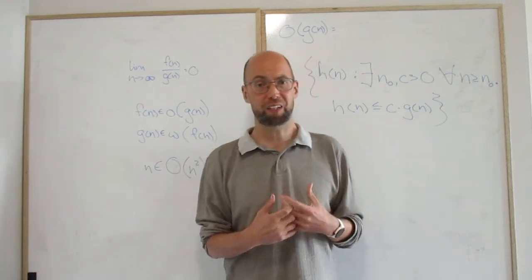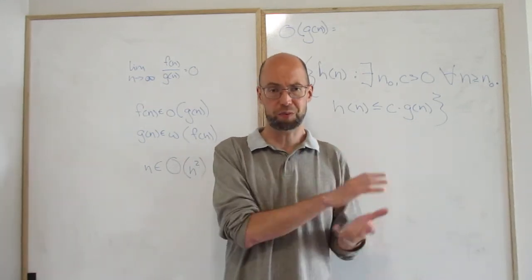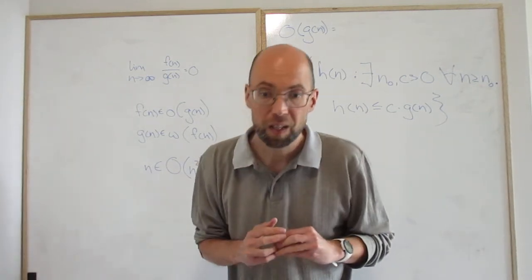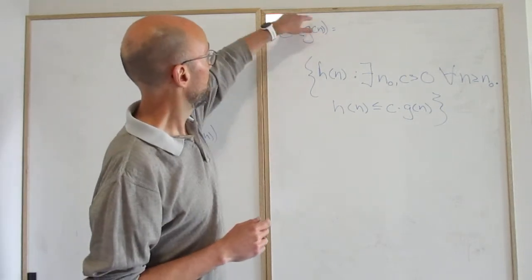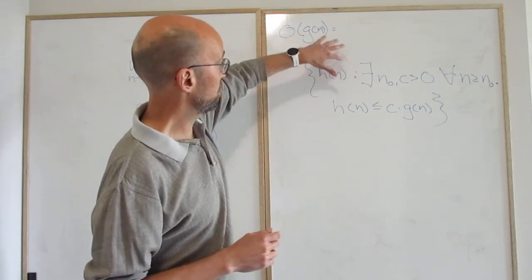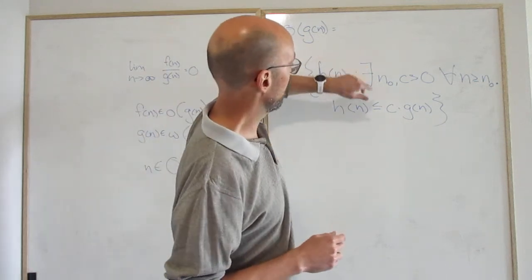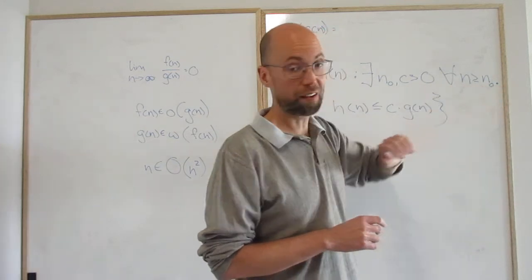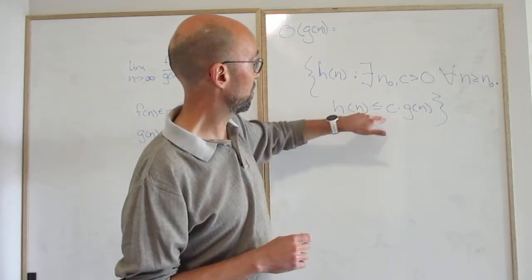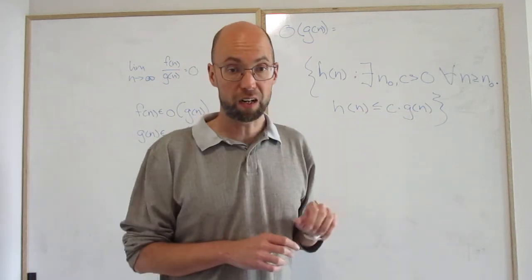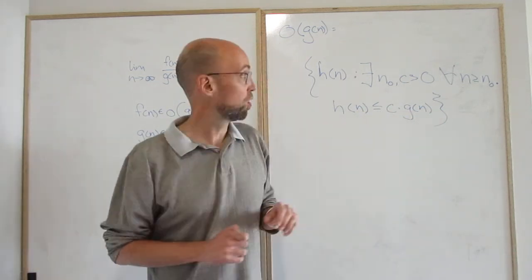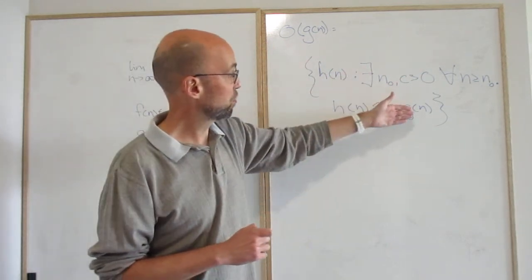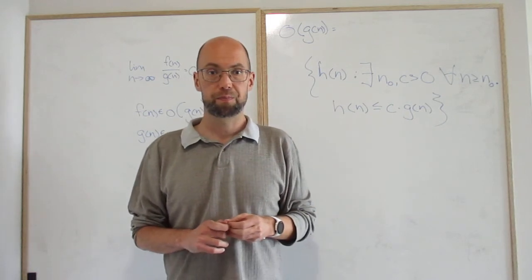So ignoring constant factors that change based on your computer, and ignoring small instances, we're saying that O of g of n is the set of functions h of n such that there exist n0 and c greater than 0 such that for all n greater than or equal to n0, h of n is less than or equal to c times g of n. So for sufficiently large n, h of n is at most a constant factor times g of n. Okay?